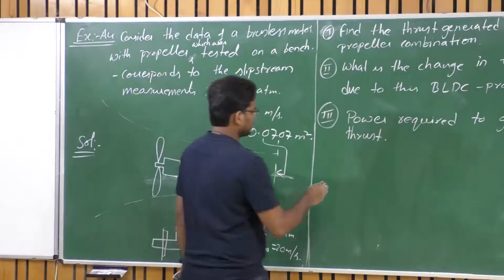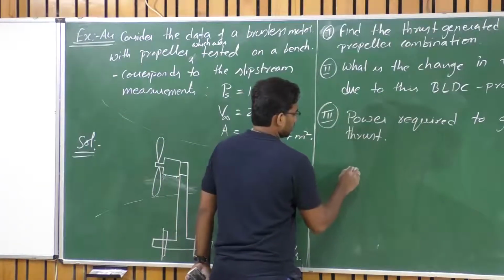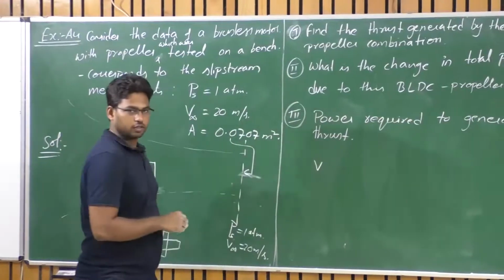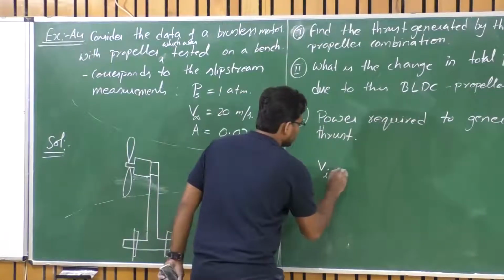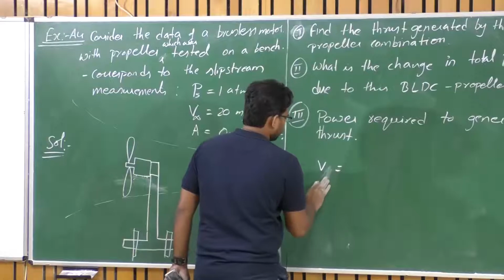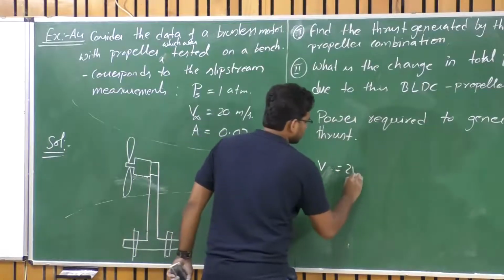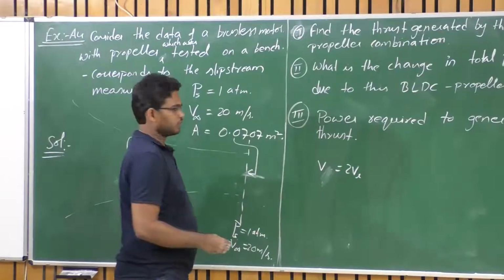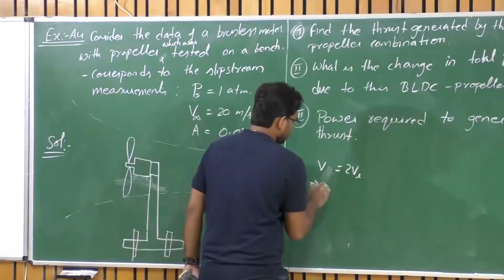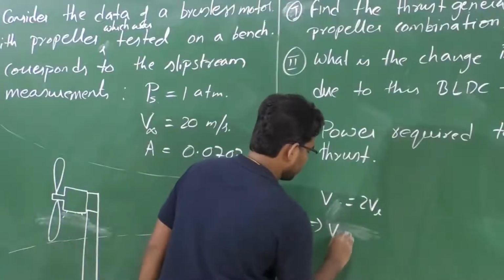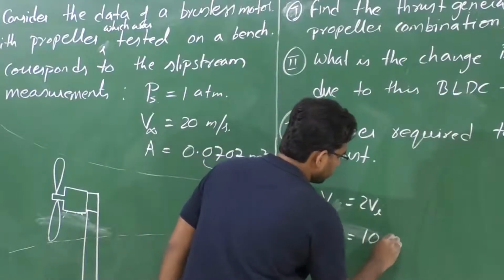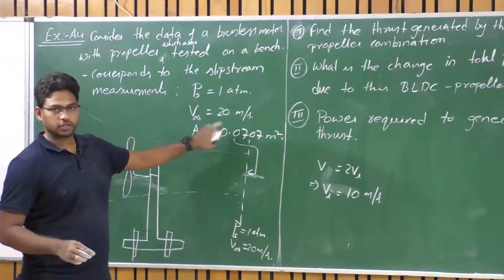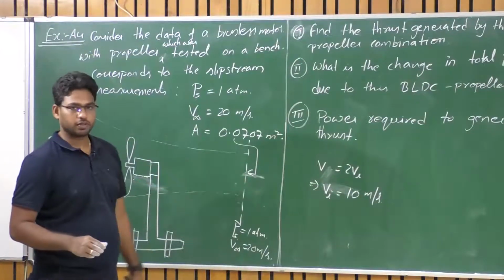We know the relationship between Vi and V, isn't it? So what is Vi here? V at this particular station is 2 times Vi, because the pressure is 1 atmosphere, right? So Vi is equal to 10 meters per second.